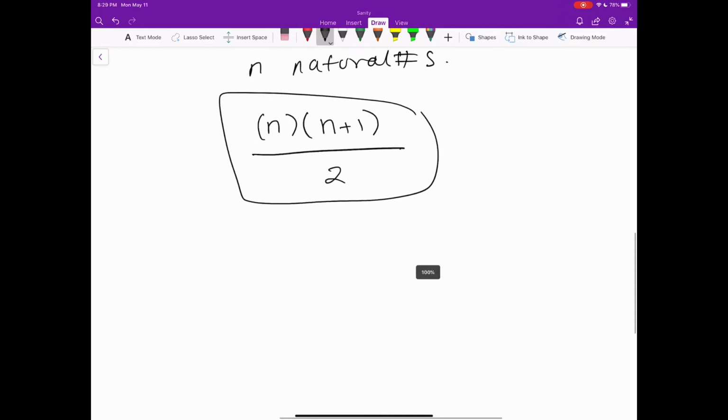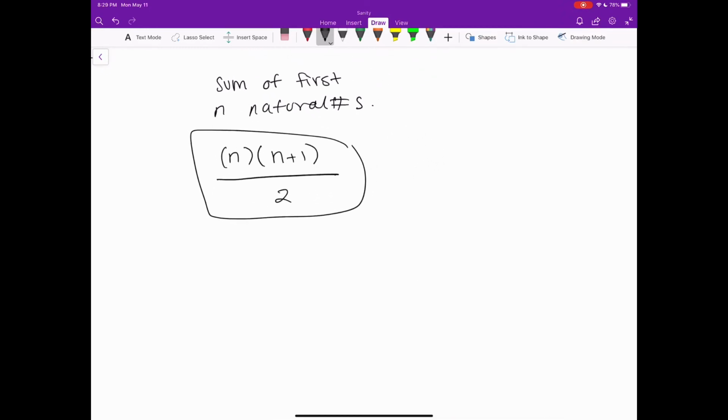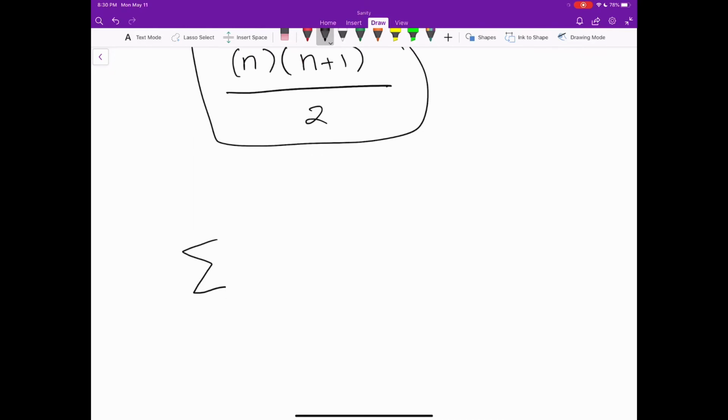I'll give a little extra as well. This here, if we wanted to write this as a proper sum, which you may encounter in later math, this is what we call summation notation. This thing here basically just says sum.